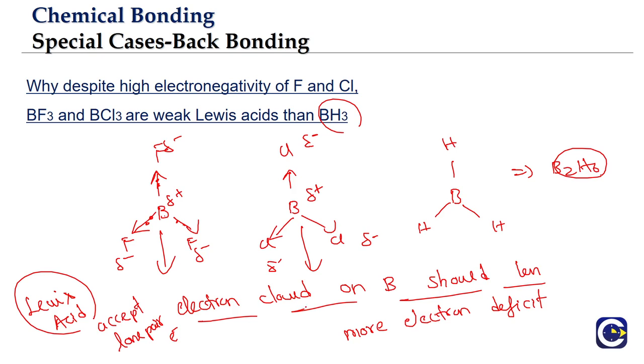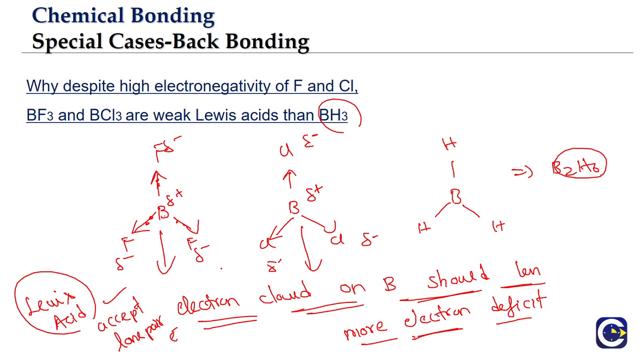Since boron is already less than octet, and it is bonded to electronegative elements, the electron cloud on the boron should become even less because of the partial displacement of the electron cloud towards the electronegative elements, and the boron as such should become more electron deficit, and it should result in BF3 and BCl3 becoming what? Strong Lewis acids, because they should be able to easily accept a lone pair of electrons.